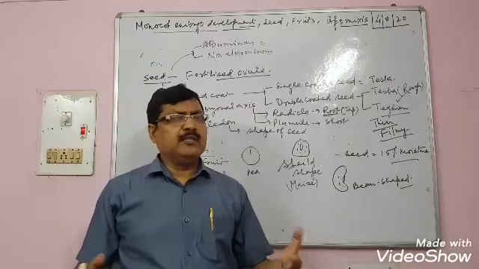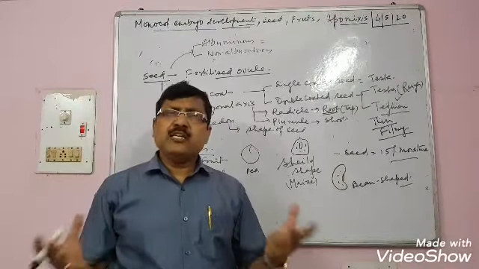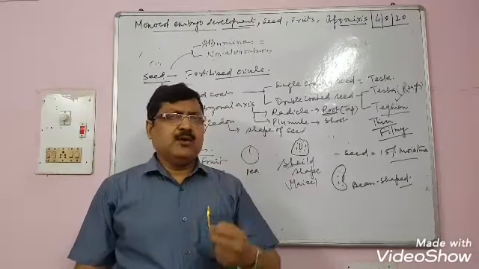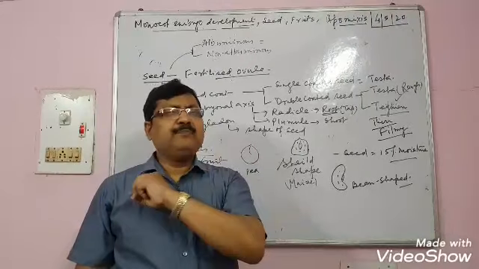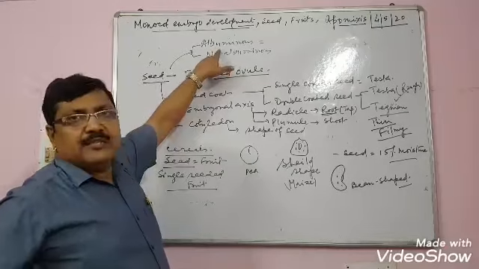During the development of the embryo, the entire endosperm may be consumed. Suppose a few cells of endosperm remain present within the seed. Such seed is called albuminous.